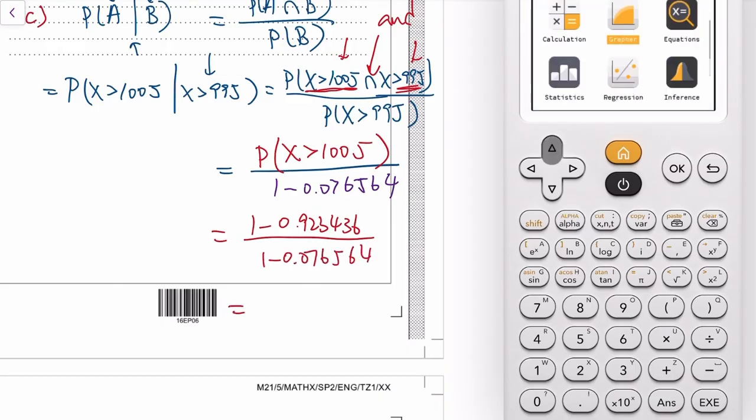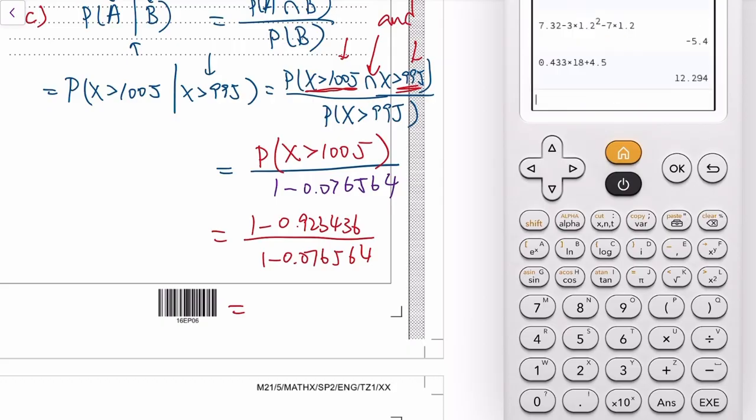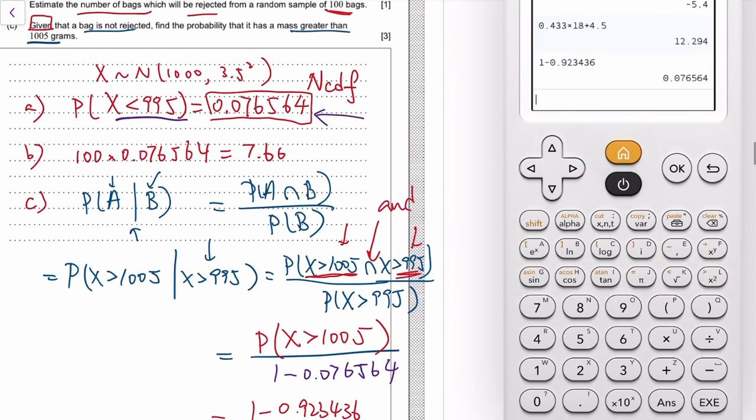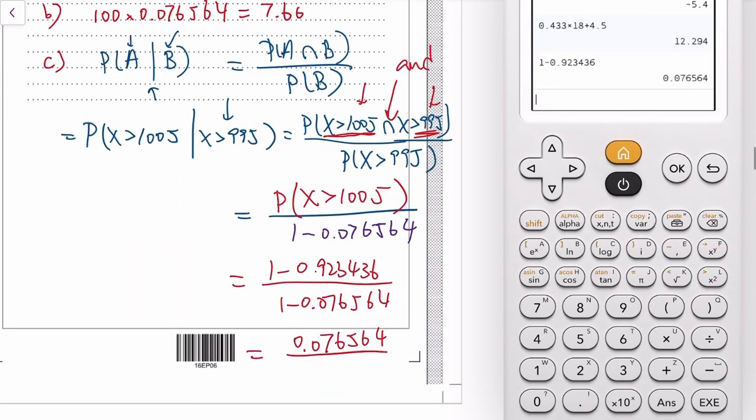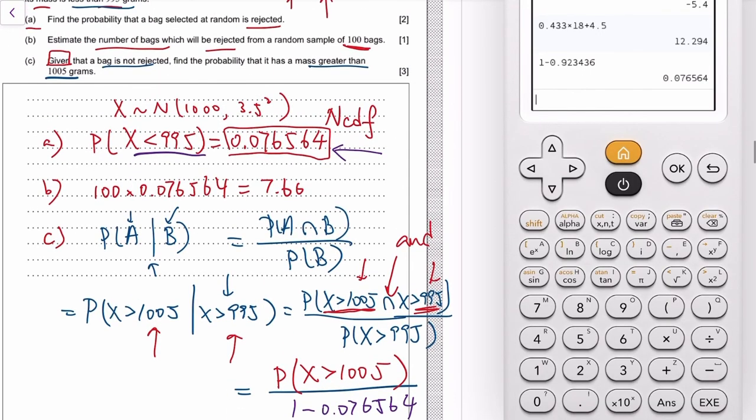But in case you want to check, when you do normal CDF with 1005 as your lower bound, if you do that directly, you should get 0.076564. Oh, of course. 1005 and 995 are both 5 away from the mean.